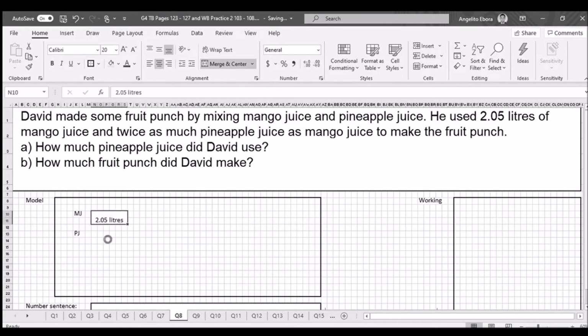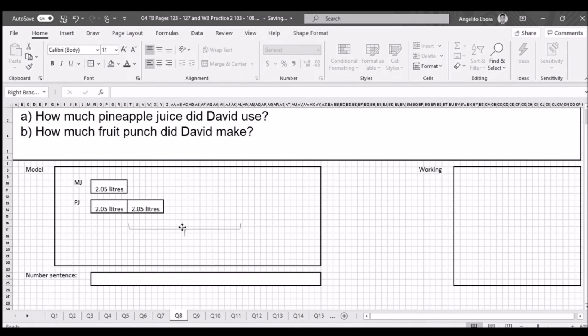Twice means 2 times. Okay, so 1 and 2. So we can solve letter A now. How much pineapple juice? We're going to use only 2 numbers. So either you multiply this 2.05 by 2 or 2.05 plus 2.05.